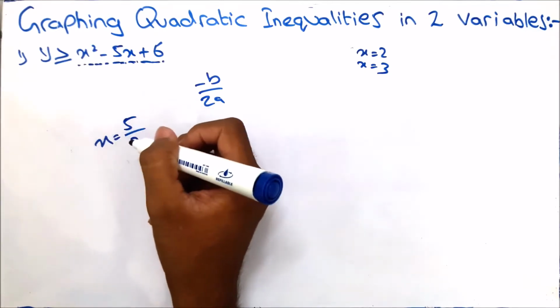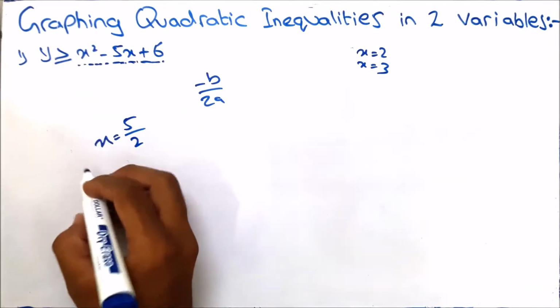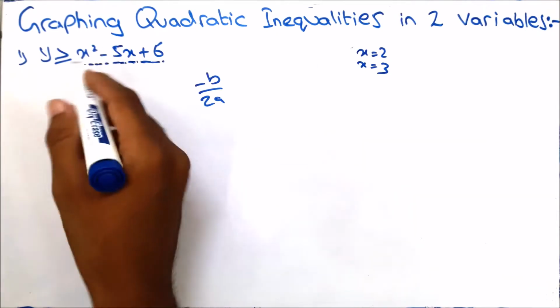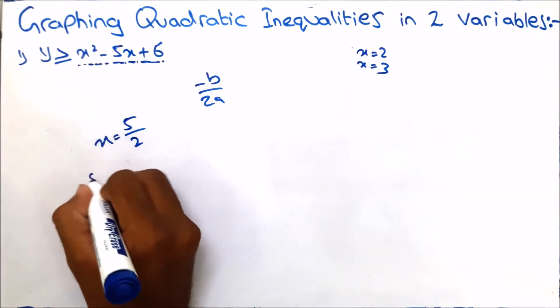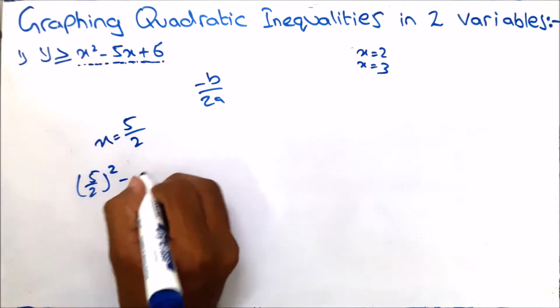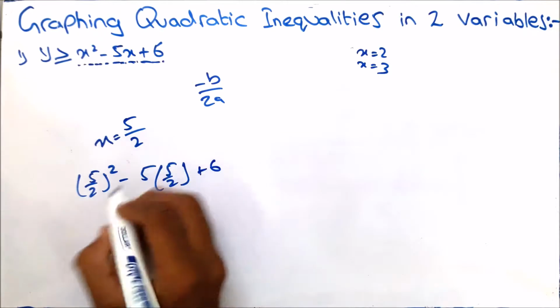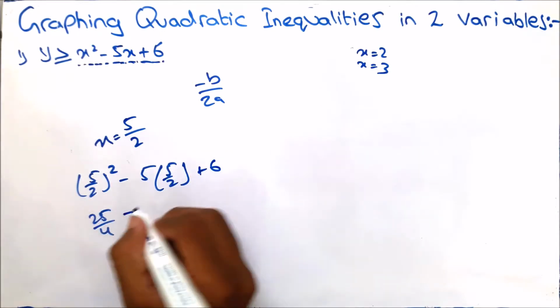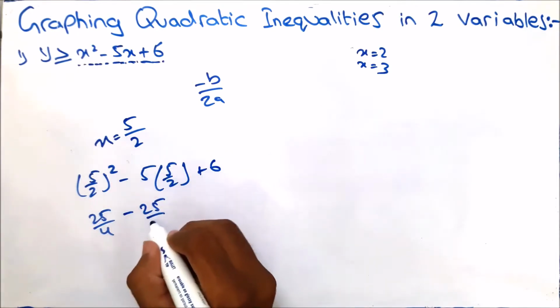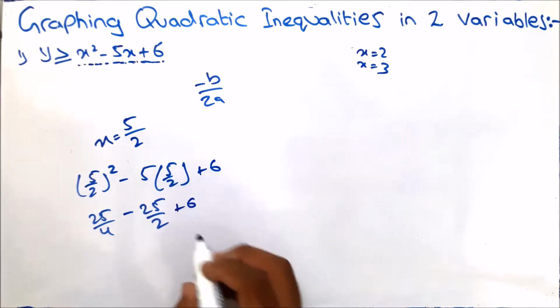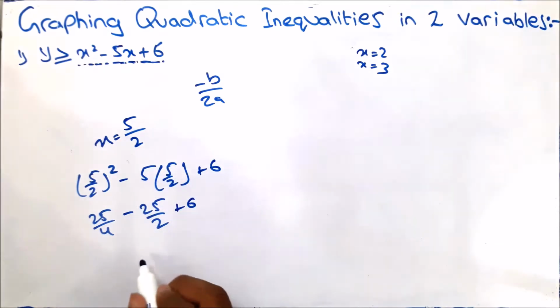And what is y when x is 5 by 2? We just put these values in for the x's. We get 5 divided by 2 whole squared, minus 5 times 5 by 2, plus 6. And we get 25 divided by 4 minus 25 divided by 2, since 5 times 5 is 25, plus 6. I'll take the LCM as 4.